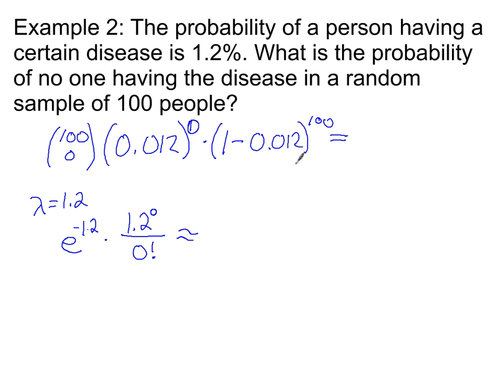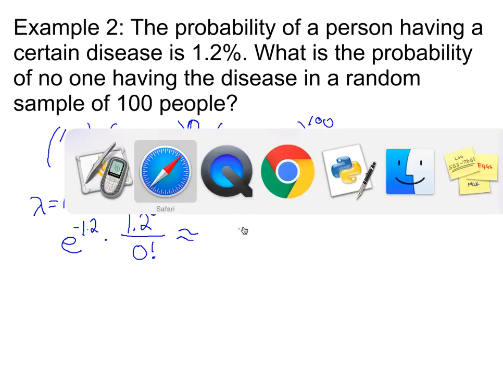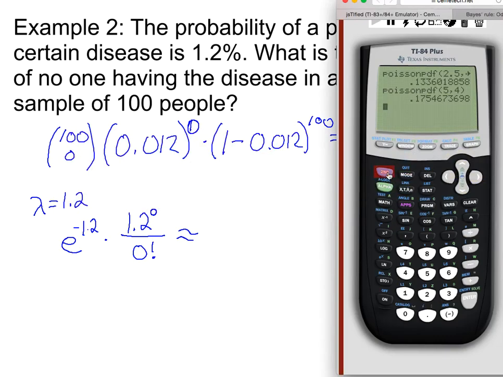Let's compare these two values and see what we get. So e to the negative 1.2 is 0.301. We can double check, right? We can make sure that we're getting the right thing.